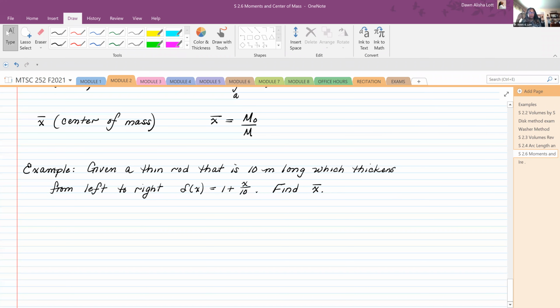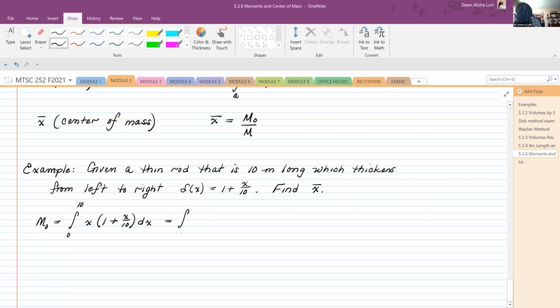Okay, so I know delta. First thing I need to do is find m naught. M naught's going to be the integral from 0 to 10. I'm going to need x. I'm going to multiply by the density, 1 plus x over 10 dx. It is just that simple.